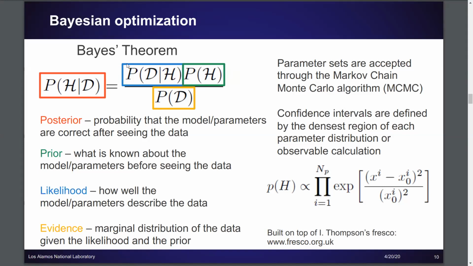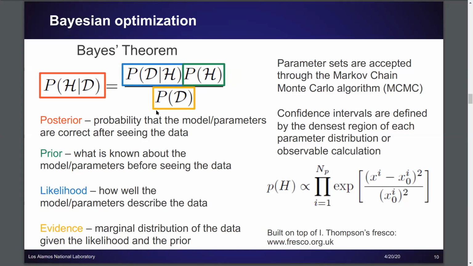Then a likelihood distribution, which takes into account the goodness of fit between the model and the data, how well the model describes the data. So this contains your chi-square information, and we've been using an exponentiated chi-square, which seems to be pretty standard.